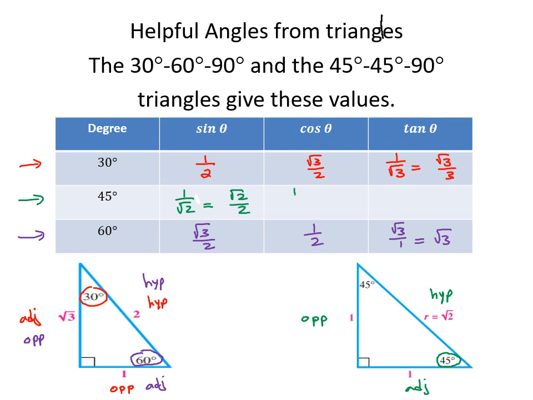Cosine will give you the same thing because they are the same sides. You might also remember that since two sides are the same, that is an isosceles triangle. And then the tangent would be the opposite over the adjacent, which is just 1.